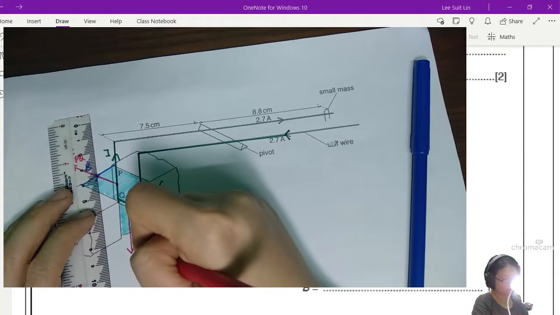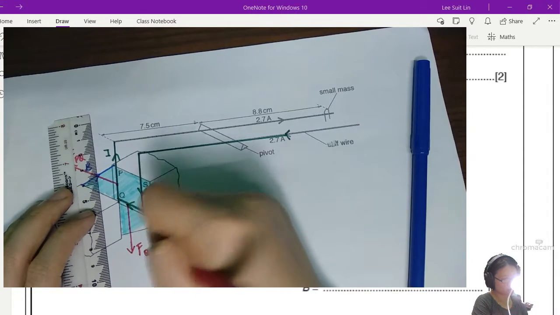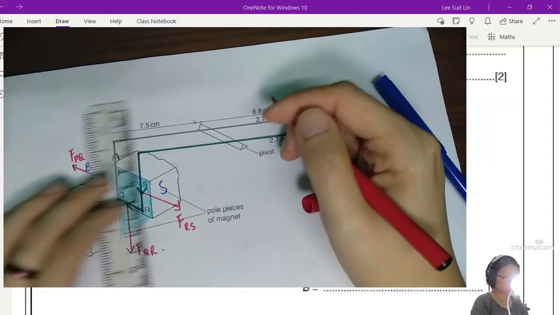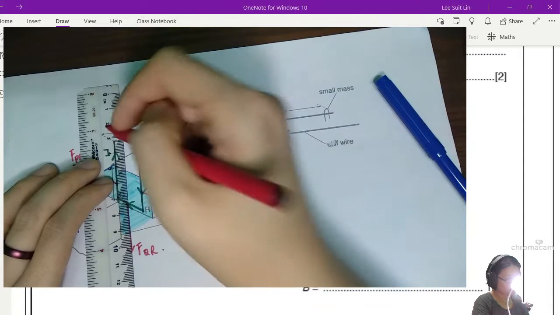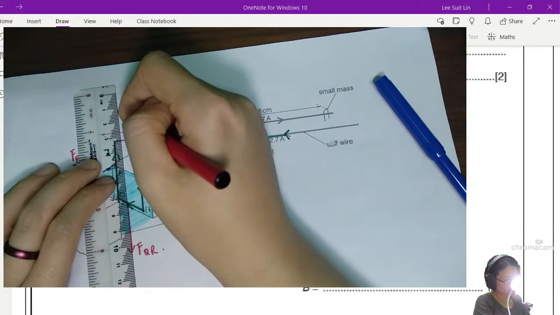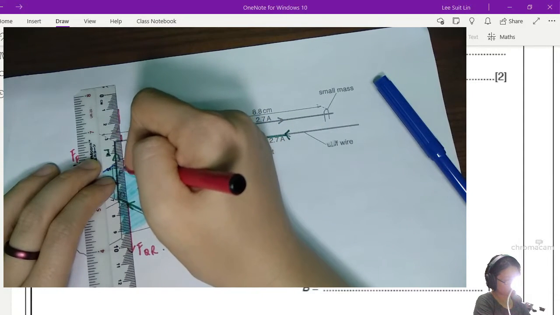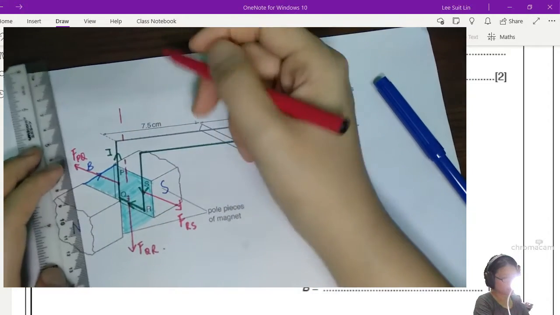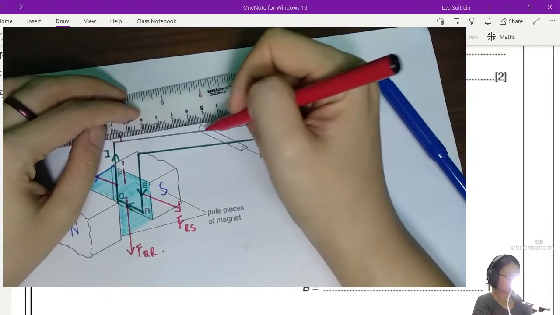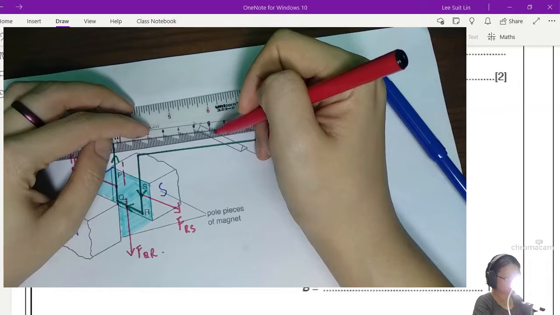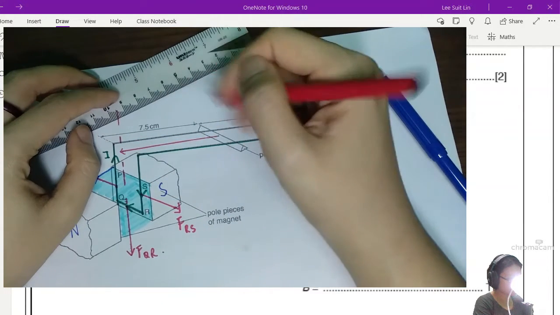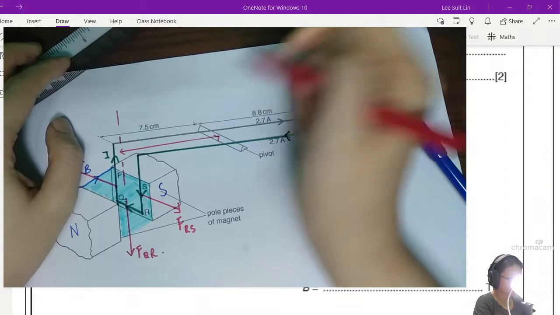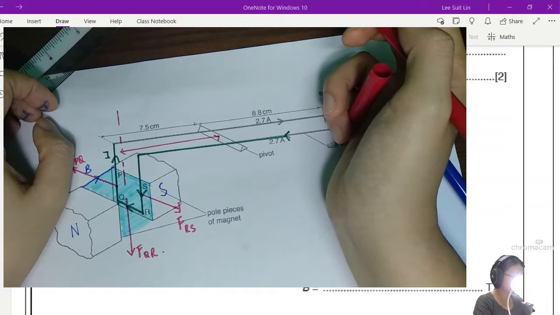So this is FQR. If you want to find the torque due to FQR, you will take the distance of this force, which is here. Again, this is a 3D drawing, so it's going to look a bit weird. So this distance from here to the pivot, let's say I draw from here to here, is 7.5 cm.